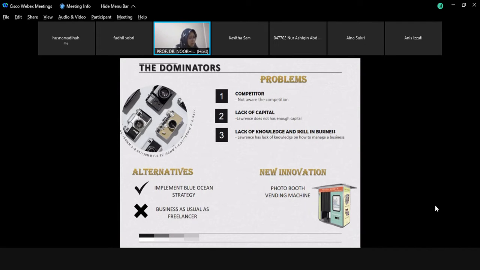Okay, let's invite Anis Izzati to present for this group. Anis, everything you do during the session will give you some points. So please be prepared. Yeah, Anis. Anis also refused to present.